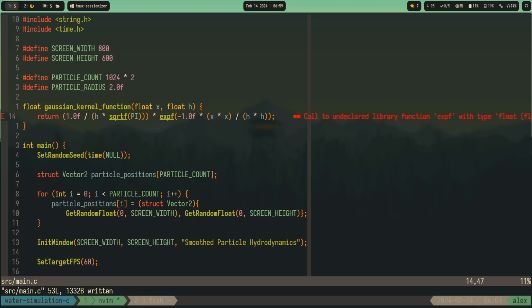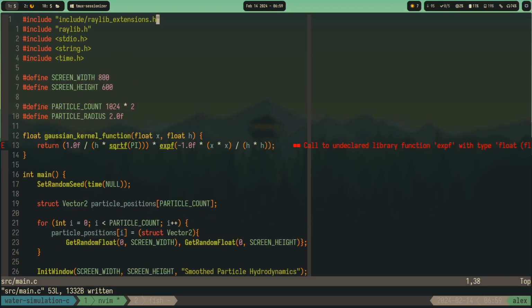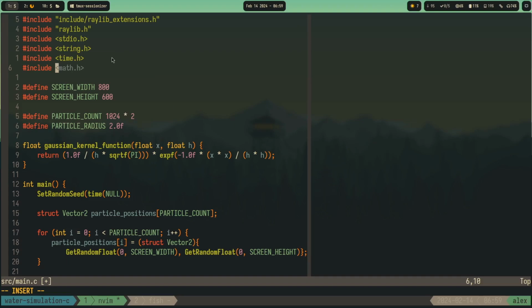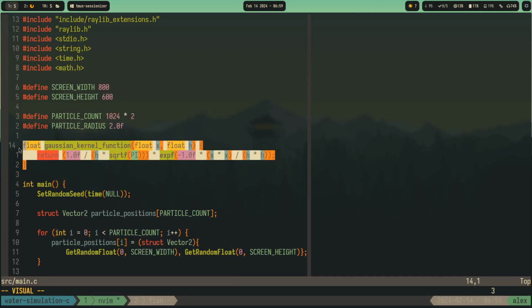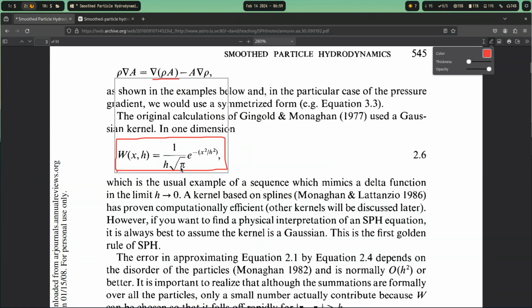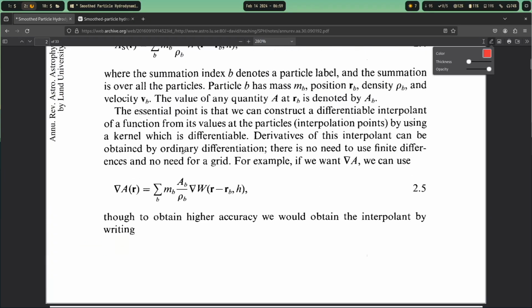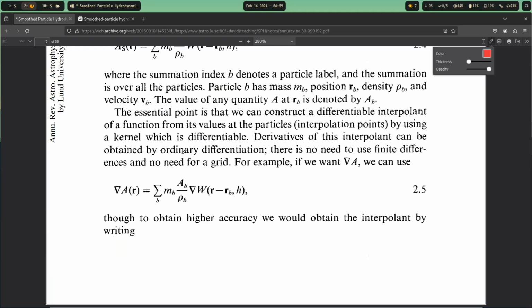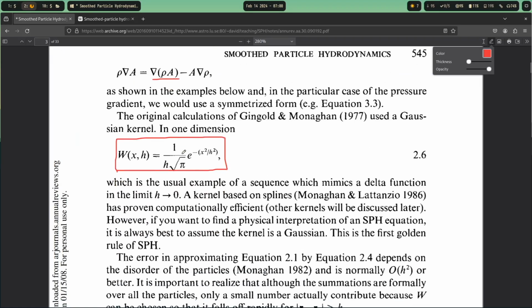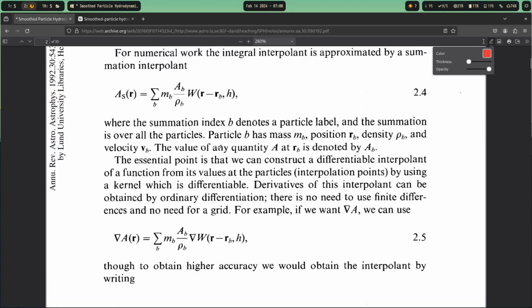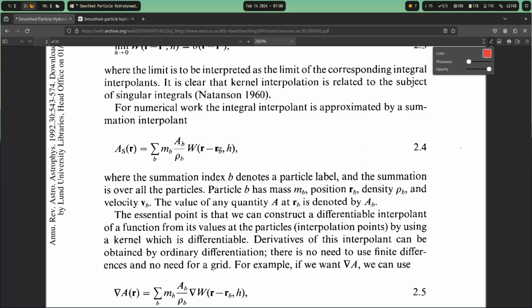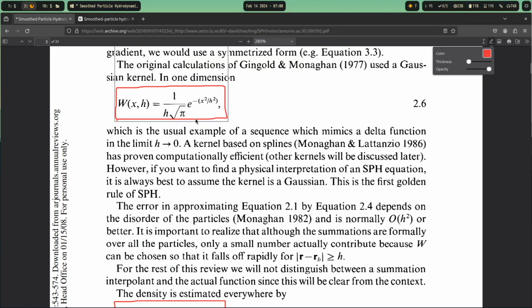Yeah. So I think we need math for this. So let's include math. So basically the Gaussian kernel. We have the position. So x was the distance.